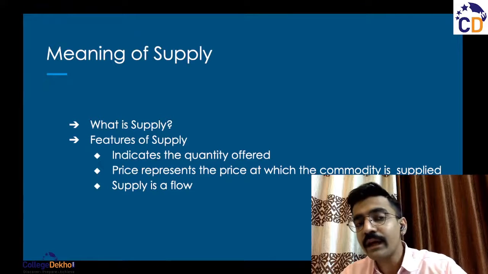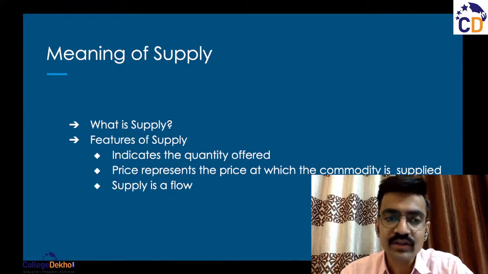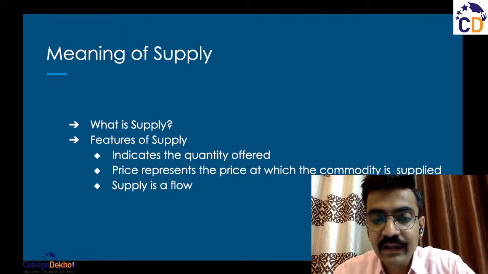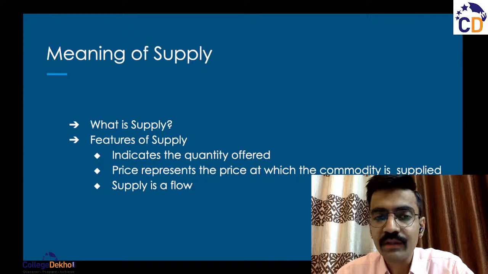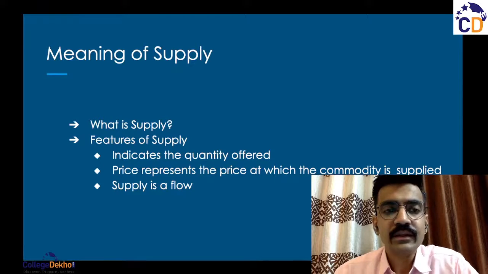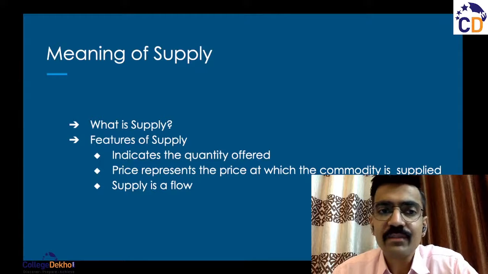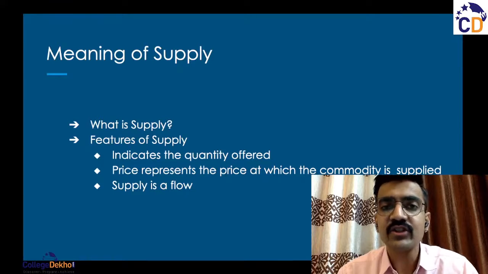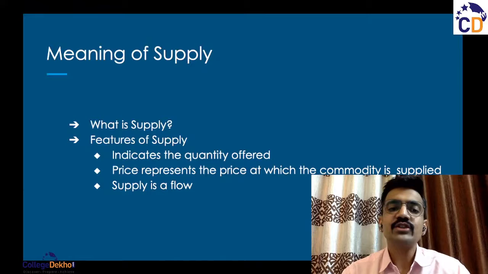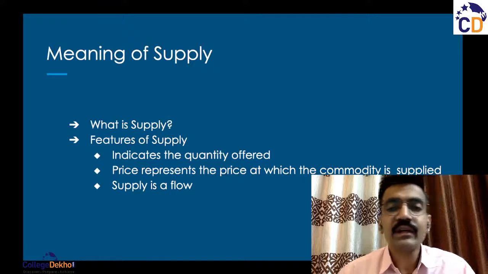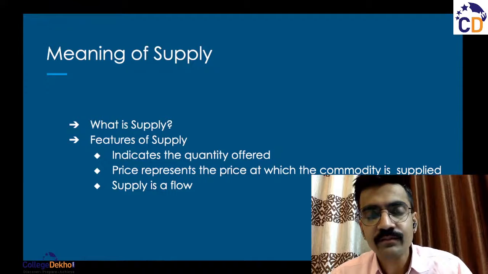If there is no price that is attached to the product, if it is free, then it would not carry any economic meaning. And if there is no economic meaning, there is no need to understand this demand analysis or this supply analysis, because we are talking about money here, the price that is attached to each of these commodities that is either being demanded or being supplied by the producers.